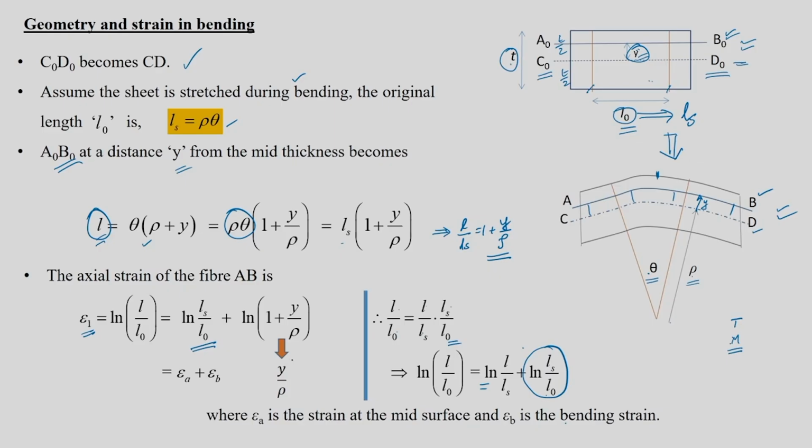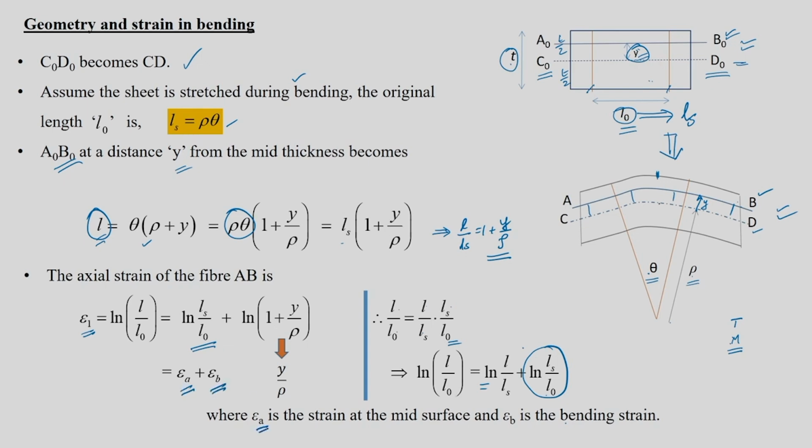So, my axial strain of a fiber AB at any distance, let us say y, this AB need not be in this location, it could be slightly above also, does not matter. Epsilon 1 is nothing but ln of Ls by L naught, where Ls is rho theta, divided by the original L naught, plus ln of 1 plus y by rho, which I am going to call epsilon A plus epsilon B.